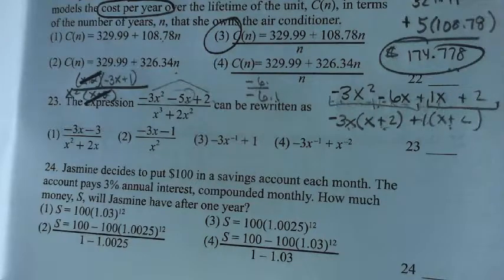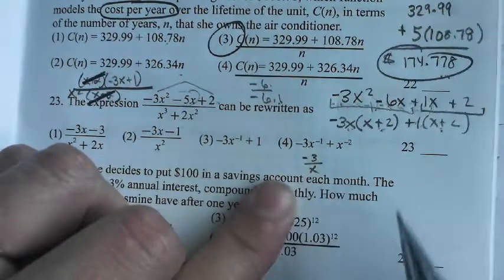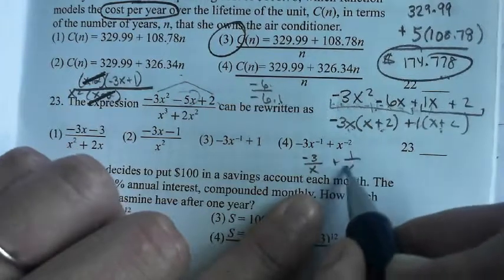I wonder if this is a mistake. It should be negative 3x plus 1 over x squared. I wonder if the answer is 2 and it's just a mistake. Because these are weird with negative exponents. That's like negative 3 over x plus 1 over x squared.